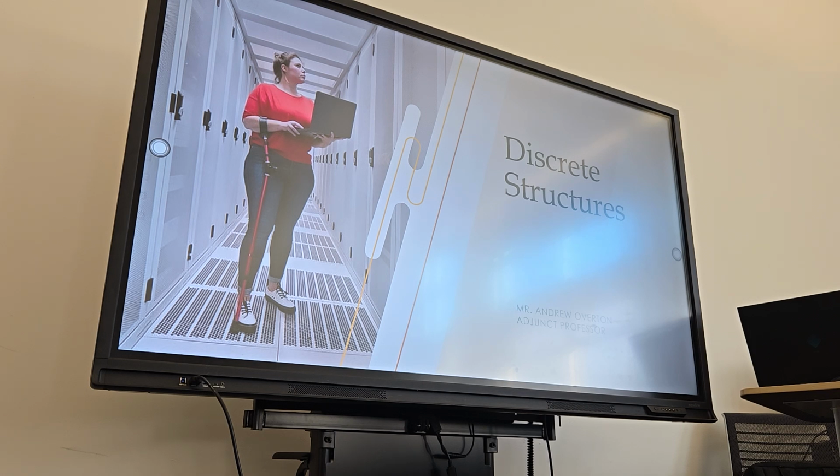So, have to bear with me, I'm not completely familiar with how the previous instructor did it, and I've been working on trying to learn how to use the WebAssign and integrate it with Canvas, that sort of thing. There you go.